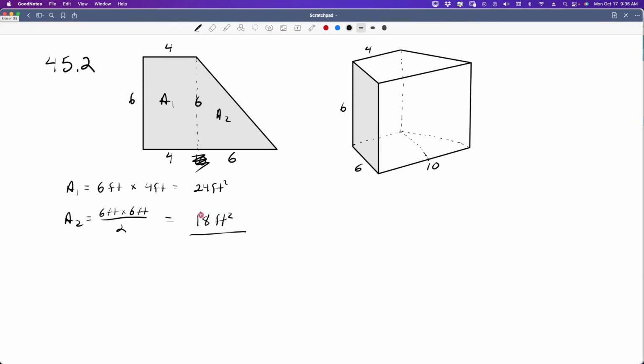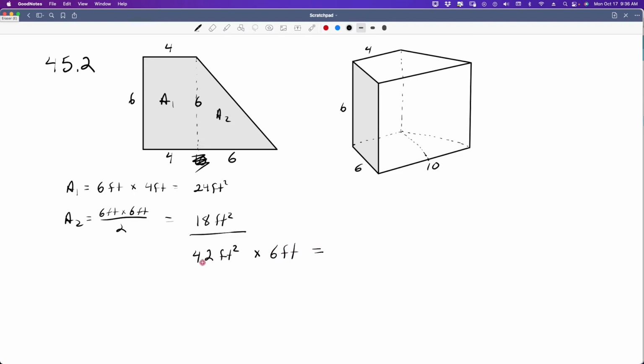So the area of the base is these 2 dimensions combined. So that's going to be 12 carry 1. That's going to be 42 feet squared for the area of the base. So now we can take this area of the base and multiply it times the height, which is 6 feet. It's illustrated on this dimension here. 6 feet.